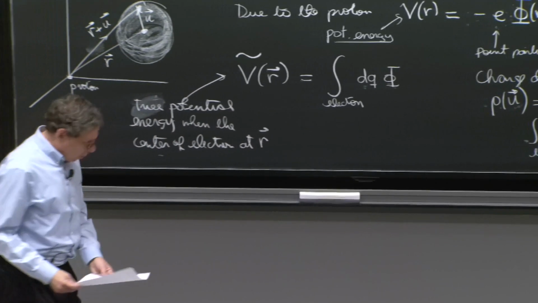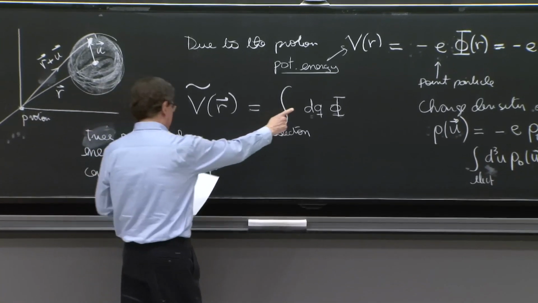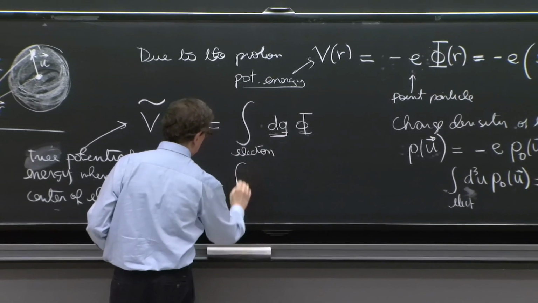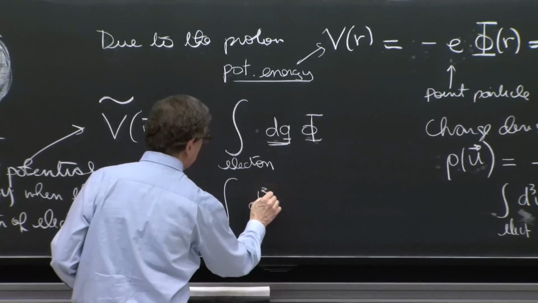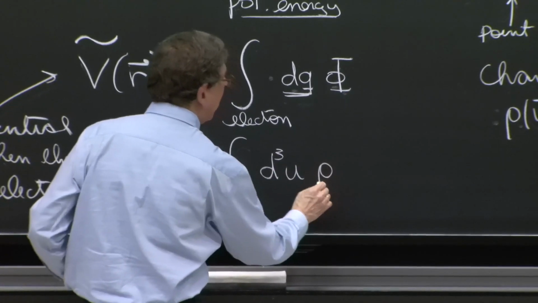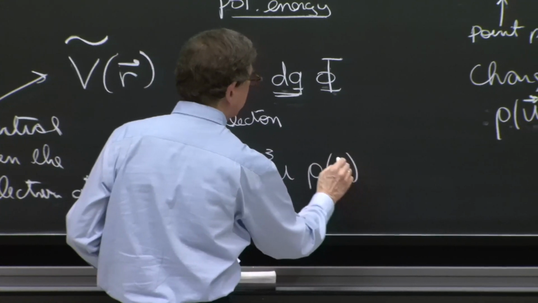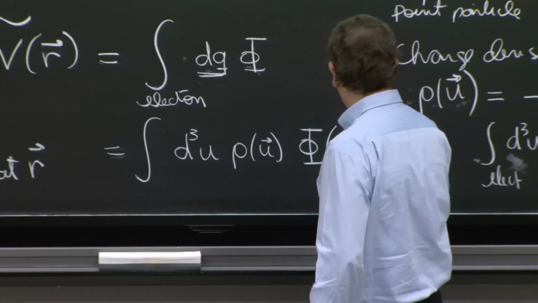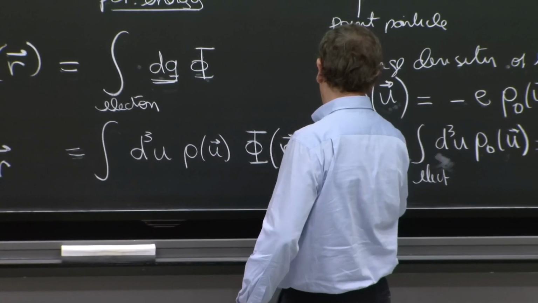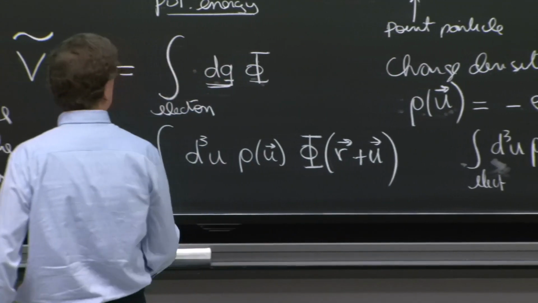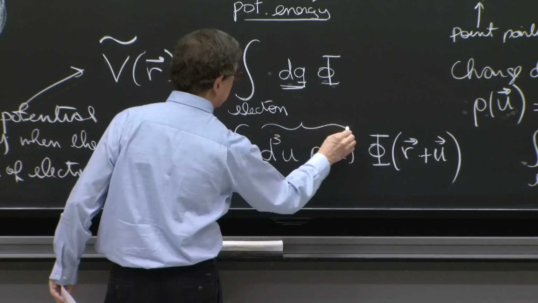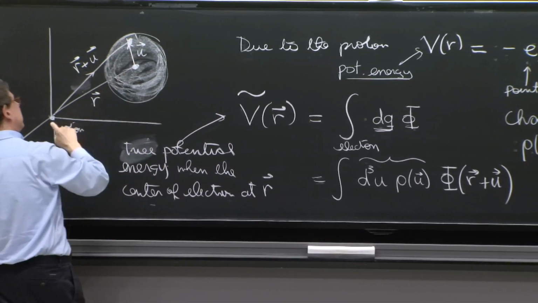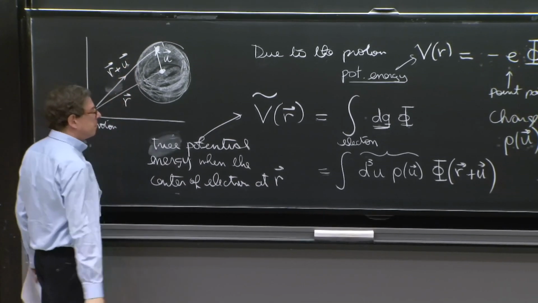So what happens then with this V of R? This V of R is the charge, little charge q is d cube u times rho of u times phi at R plus u. Look, the charge is this at some little element, and then the potential there is the potential at R plus u.